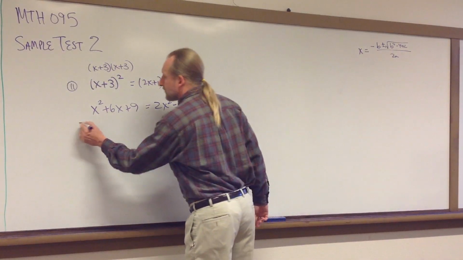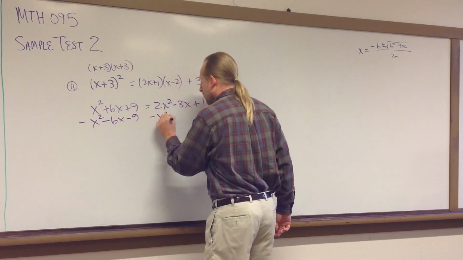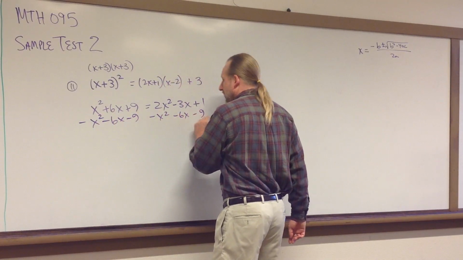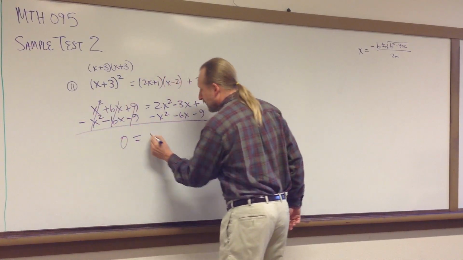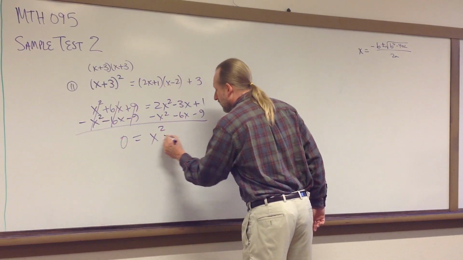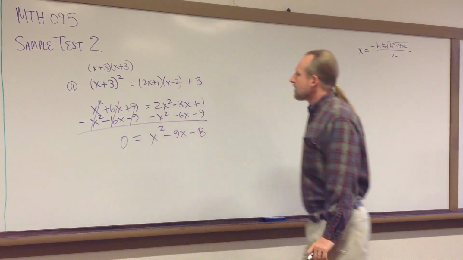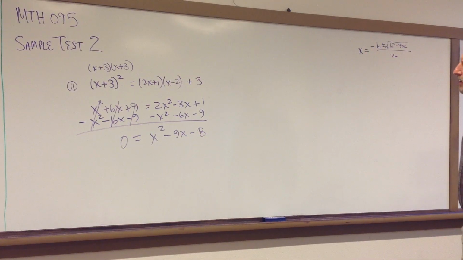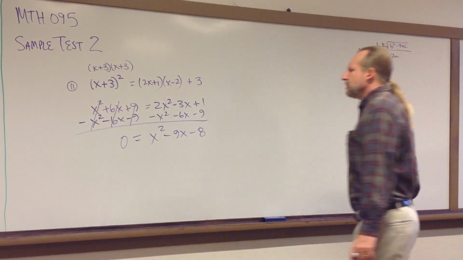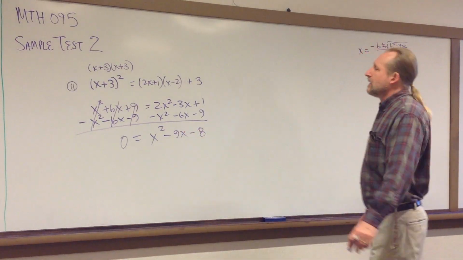Then we can subtract all of this, and so that'll make this side 0. Over here we'll have 1x squared minus 9x minus 8. Now it looks like we need the quadratic formula for this one as well. Because this is a minus 8, we don't have factors of 8 that have a difference of 9.